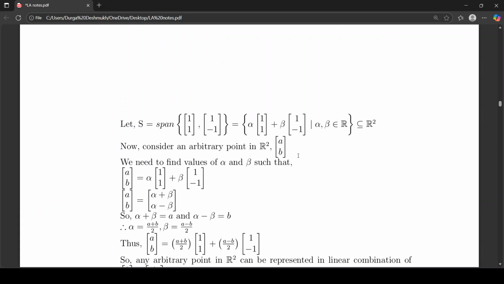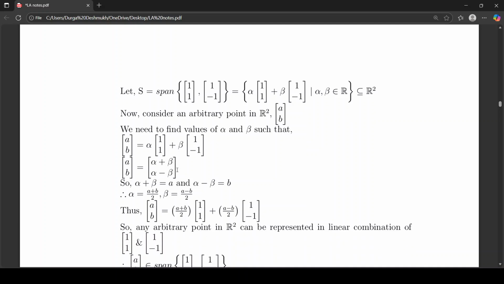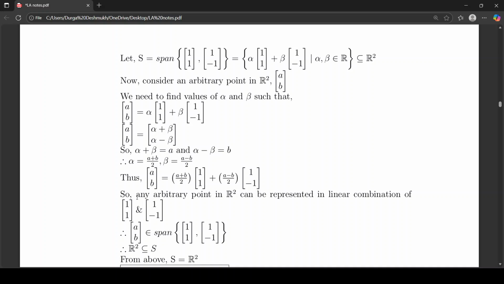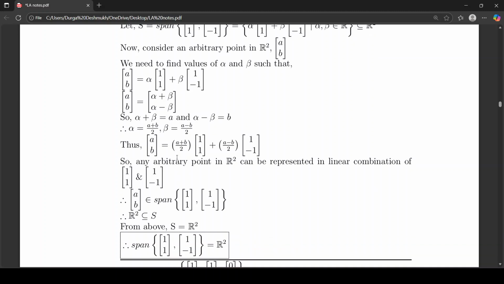We will consider any point in R2 and find values of alpha and beta, that is, values of some constants, such that we can represent the arbitrary point in terms of these vectors. Any arbitrary point can be represented as a linear combination of the given vectors, so this arbitrary point belongs to the span of these vectors.